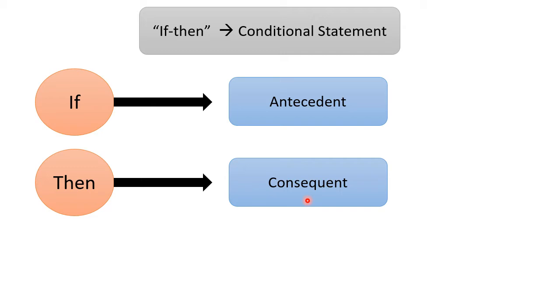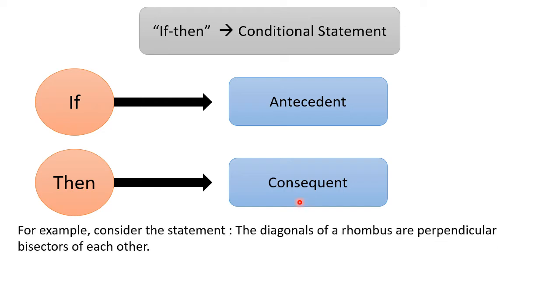This was the basic example. So we have to learn about the example which suits geometry. Okay, so the coming example is, consider the statement, the diagonals of the rhombus are perpendicular bisectors of each other. So what do we understand from this statement?